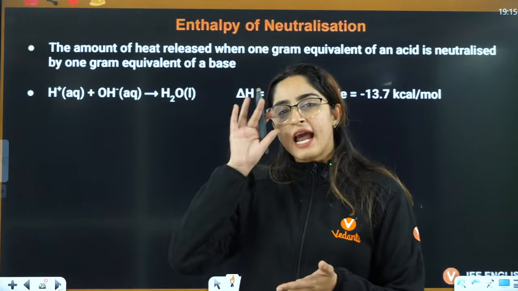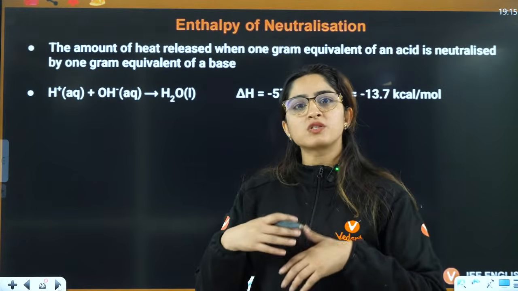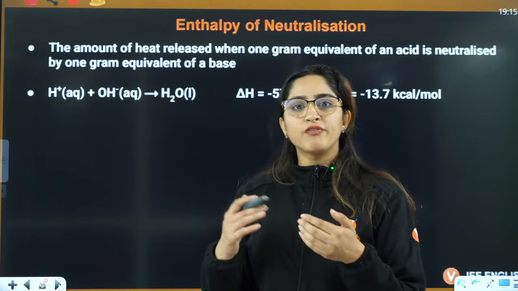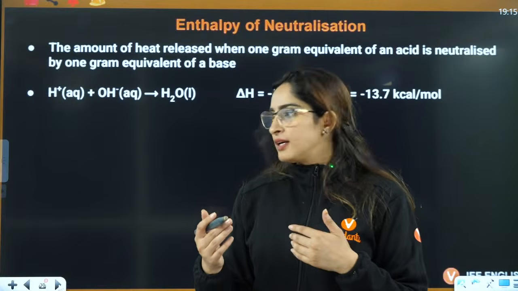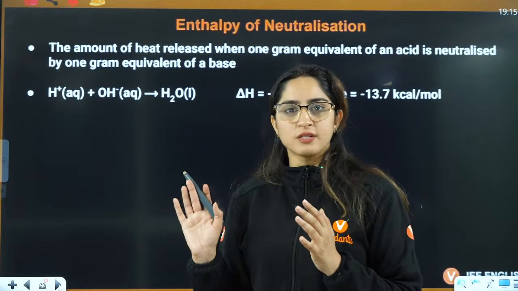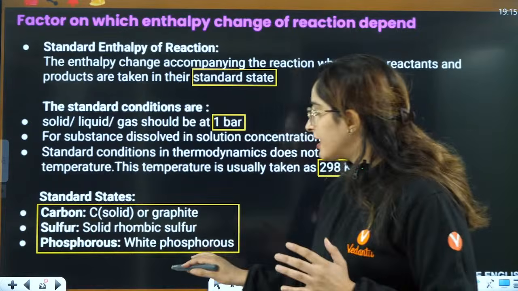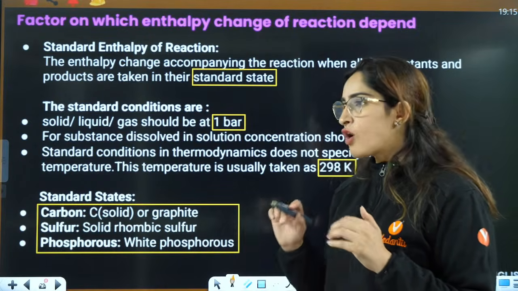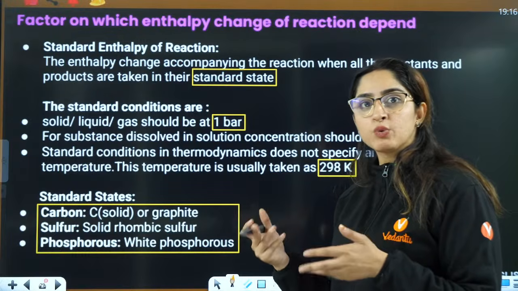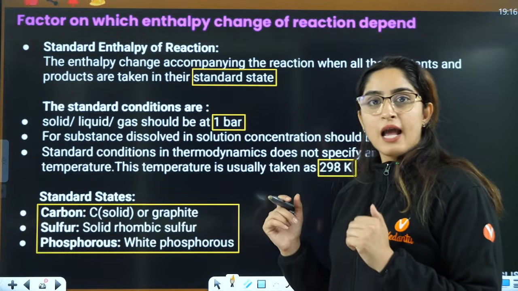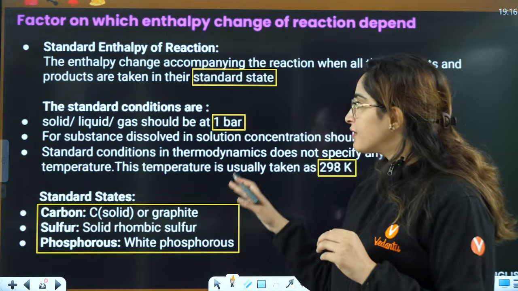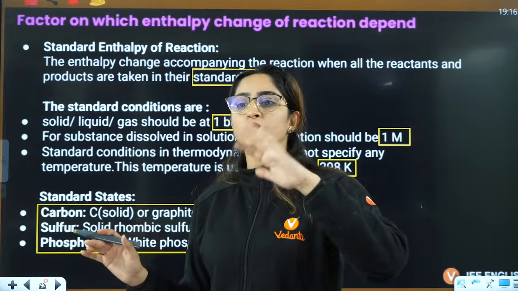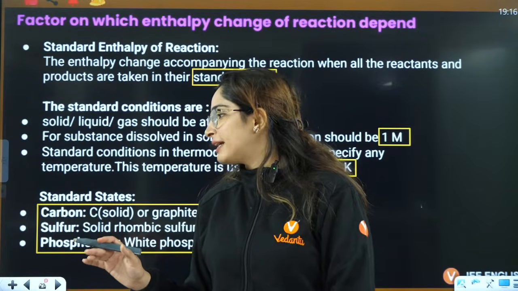Standard we are defining because we want to study those reactions under specific conditions so that different results do not occur. These standard conditions are taken so that different results are not there. It's not that you should only do this reaction at this temperature, at this pressure. It's because we want everyone doing this reaction at standard conditions to compare the results we find.